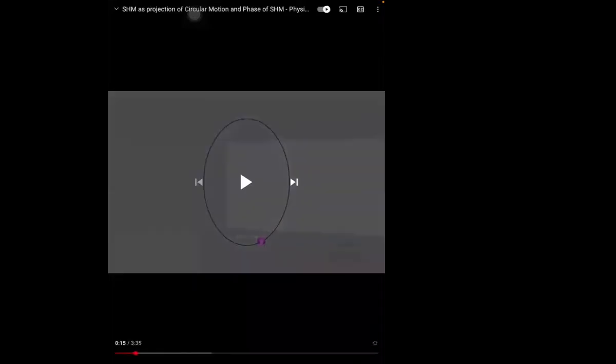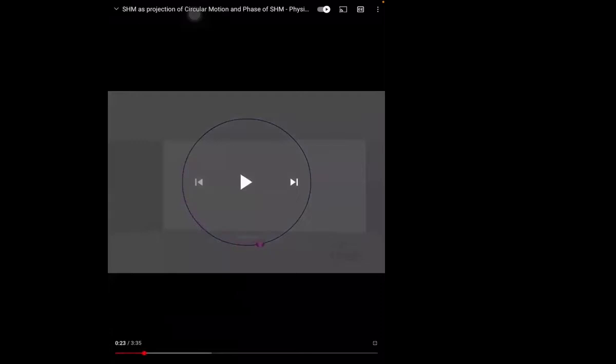Observe it again, okay? Be careful. When you're looking at it, you're able to see that the particle moves in a straight line, as a projection. But actually, where is it rotating? It is actually in what kind of motion?